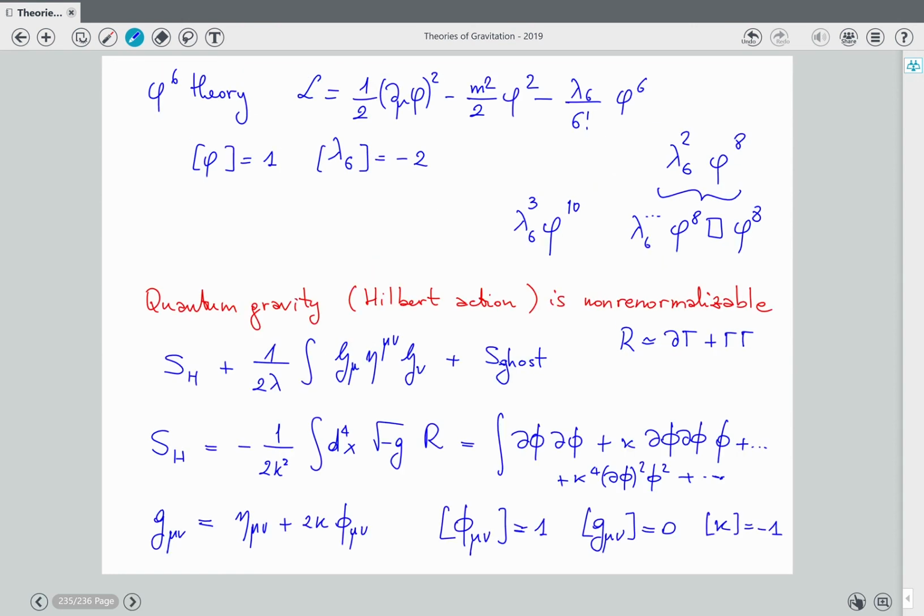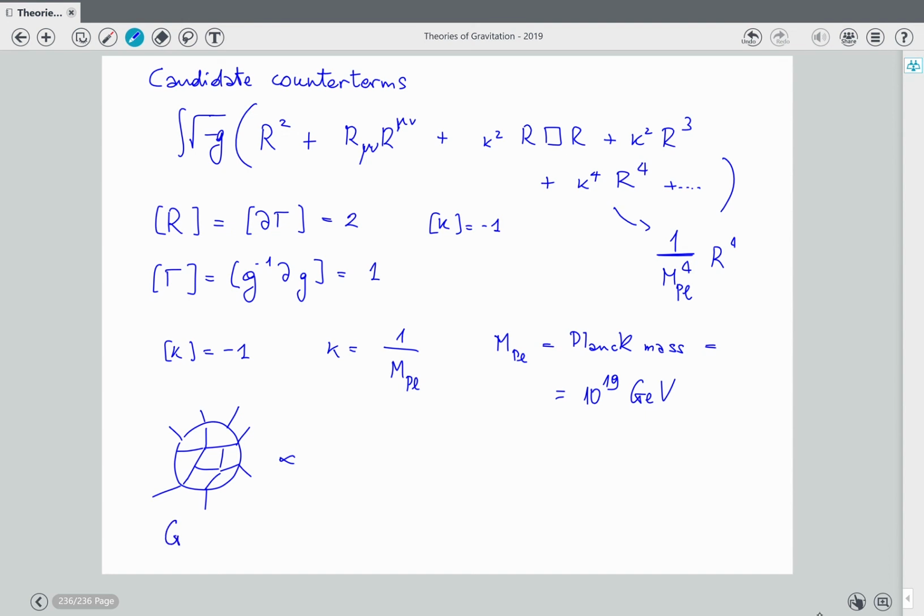Well, here we see that the generic vertex has kappa to the number, two derivatives. Let me write it symbolically like this, two derivatives, a certain number of external legs, n, and a number of kappa that is n minus 2.